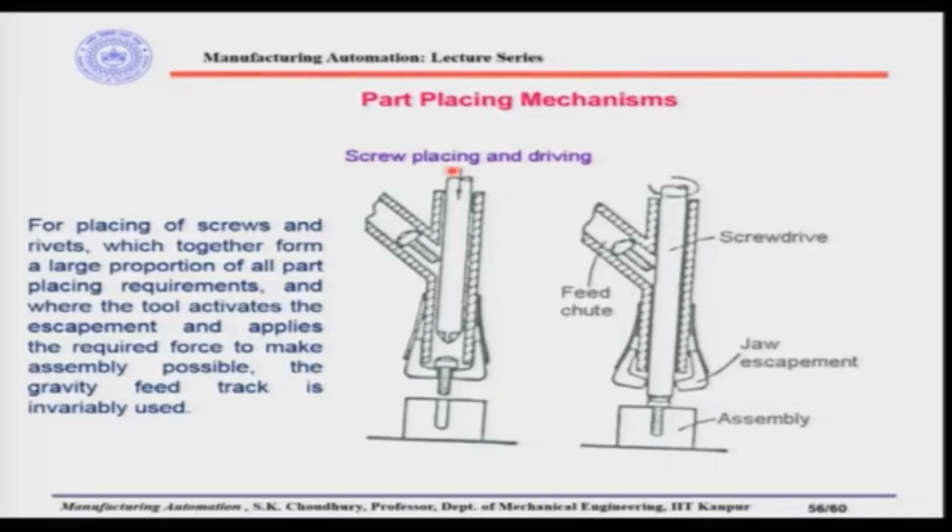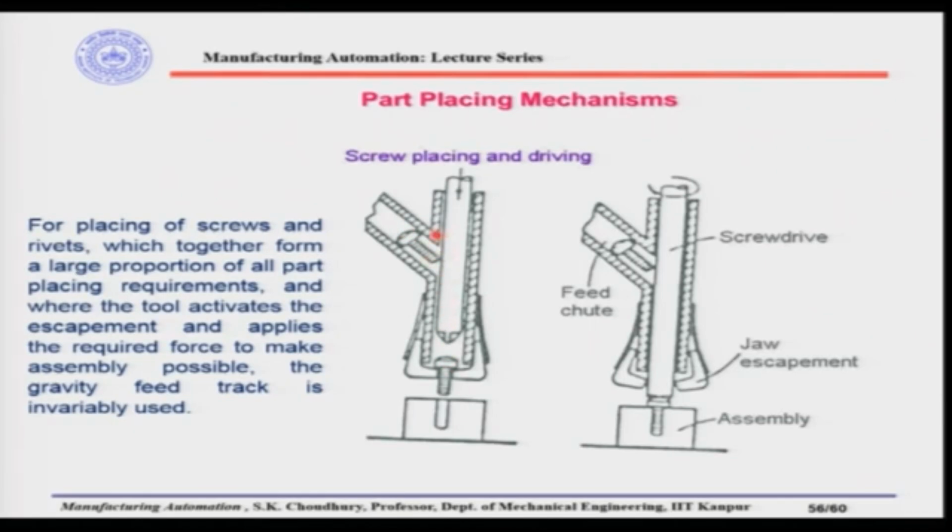However, look here, this diagram is showing screw placing and driving. In this diagram, the parts come in from the feed track. This is the jaw, or the screw drive, for example. It can go up and down. While going up to this position, it allows one part to come in.